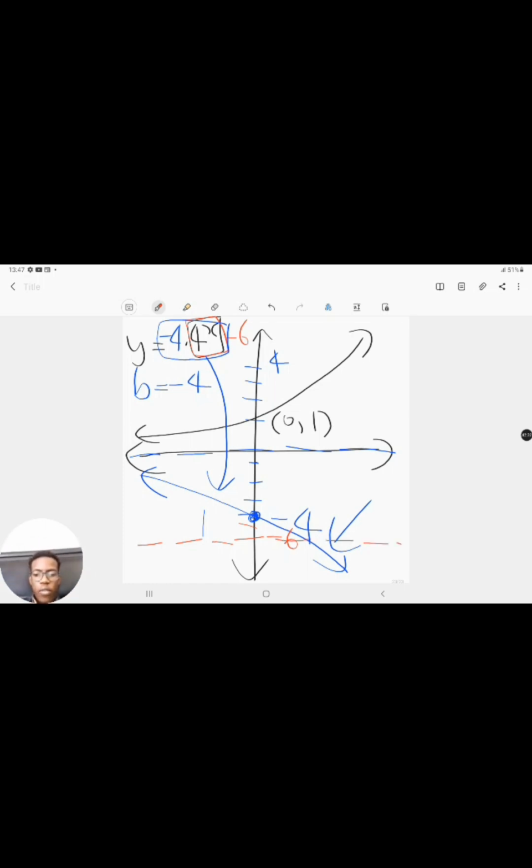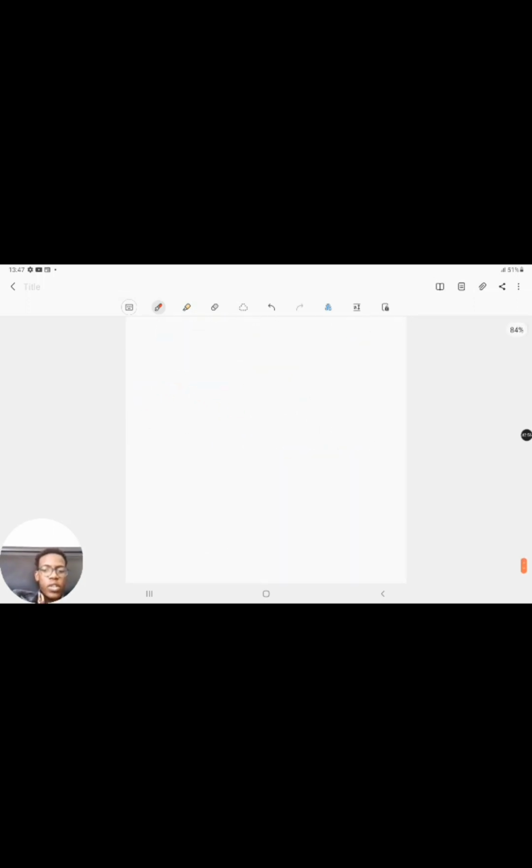This entire graph will move down by 6 units so that it approaches your new asymptote, but it doesn't touch it. Okay, I don't have space now. So your intercept at that point there would be minus 4 minus 6, which is minus 10. Okay, so let me sketch this on a new page so that we can see everything nice and clearly.